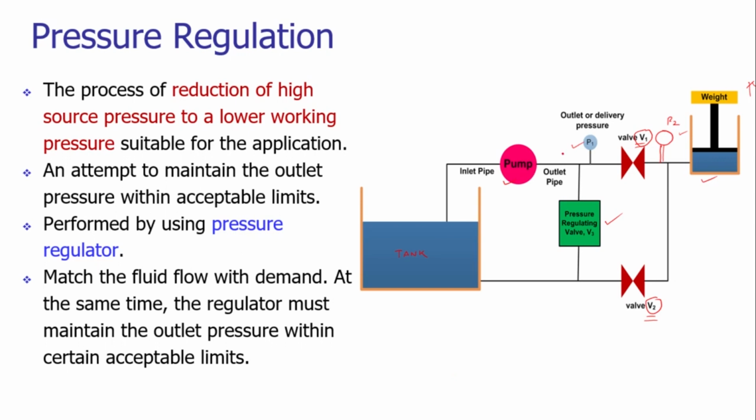When valve V1 and V2 are closed and the pressure inside the system is very high, the valve V3 will open and the excess fluid will spill through this valve V3 and get back to the tank. So in this way we can safeguard the system by using a pressure regulating valve.